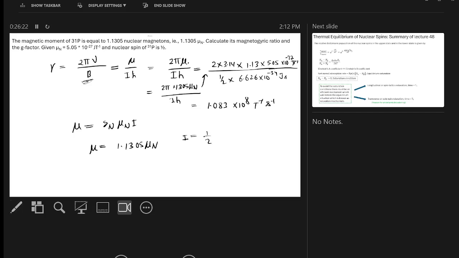Okay. And we know that this is equal to 1.1305 mu n is equal to 1 and this is 2. Compare 1 and 2. So you can write Gn mu n I. Okay. So we can cancel out this, and we know I equals half. So half will make double of this. It will be 2.261. Correct. This is correct. Gn. Okay.